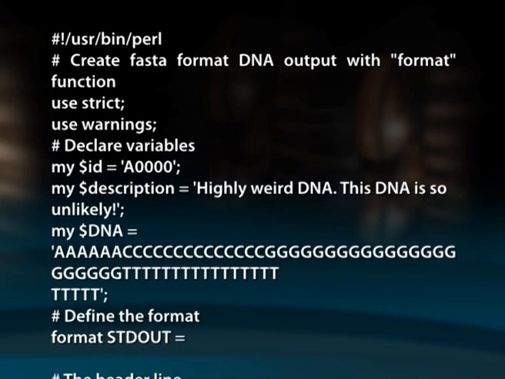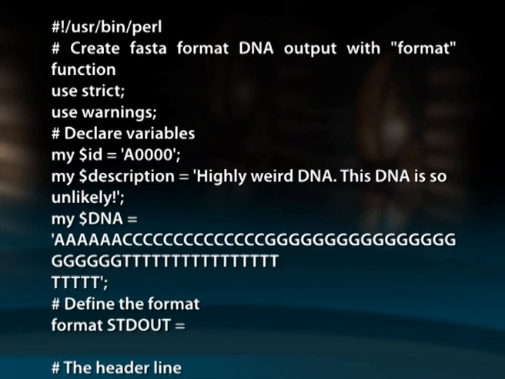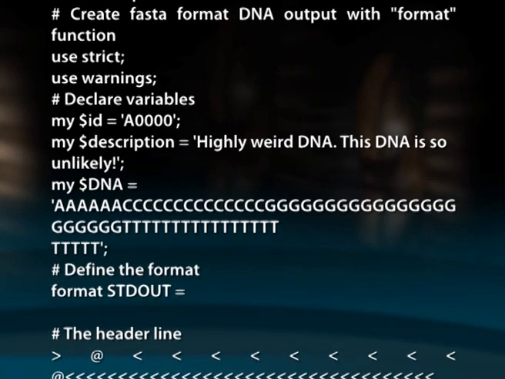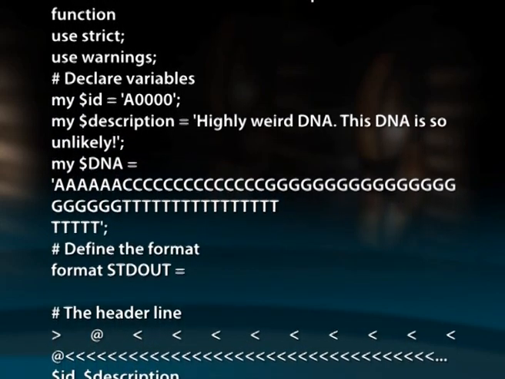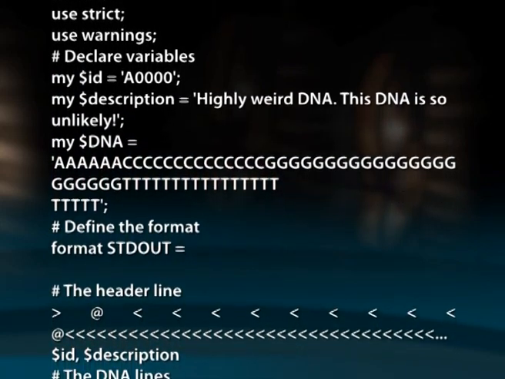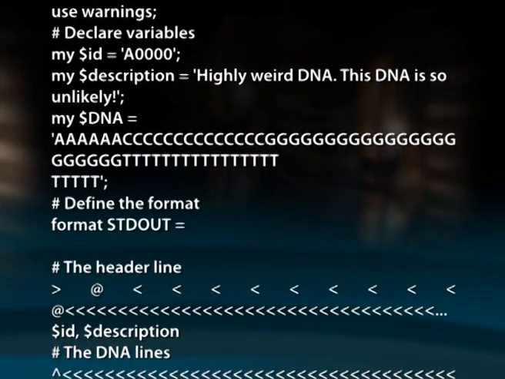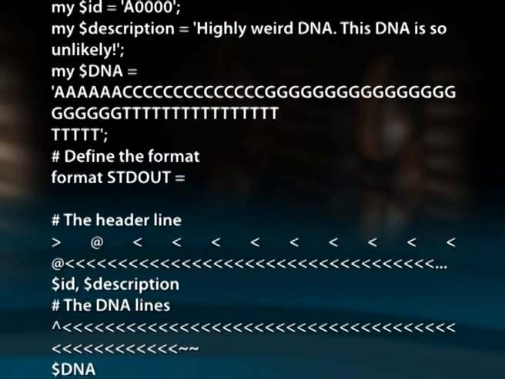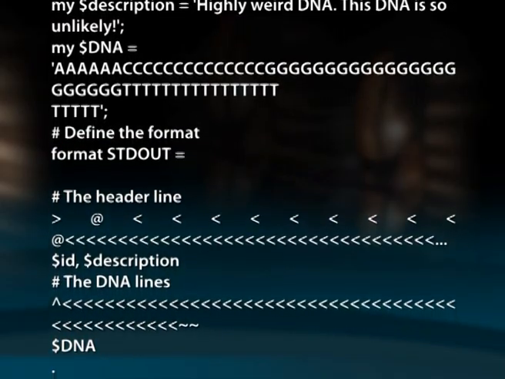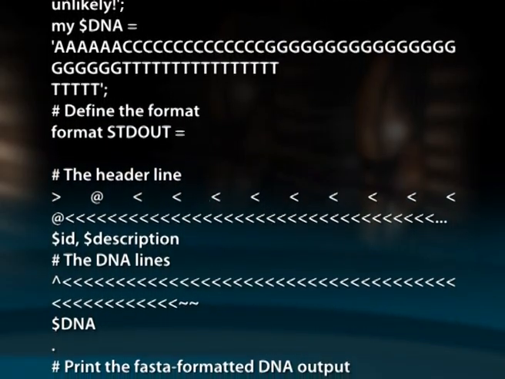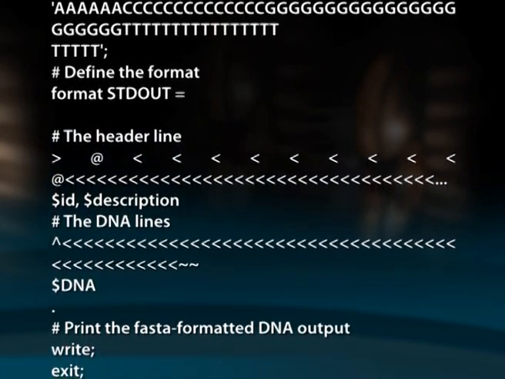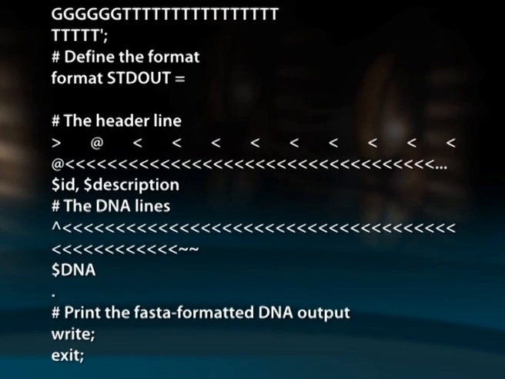Then comes the first picture field, which is an @ sign followed by 9 less than symbols. The @ sign declares a field that has the associated variable interpolated into it. The use of the 9 less than signs specifies that the value should be left justified for a total of 10 columns. If the value is bigger than 10 columns, it is truncated.